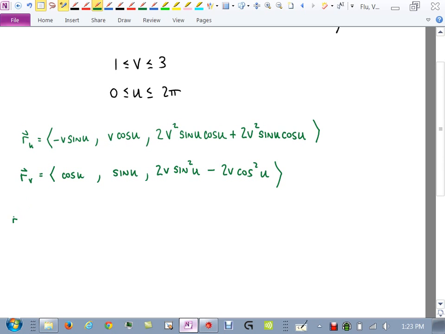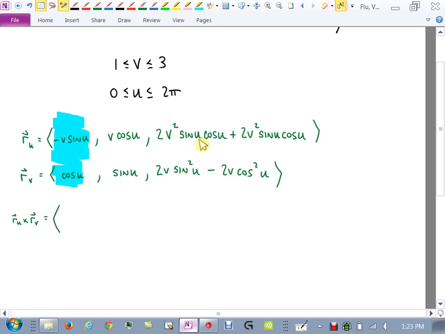All right, so for my cross product, R_U cross R_V, I get, okay, so remember how we did this last class. Cover up the i's and then do your little determinant type thing here. So what happens if I do V cosine U times this thing? I have to distribute it, don't I? I couldn't clean this up, could I? This one right here?